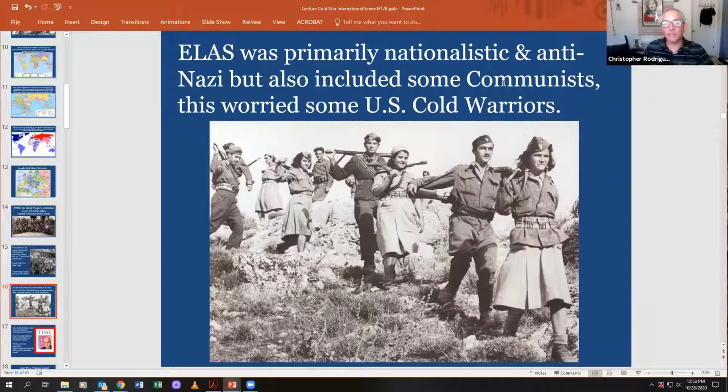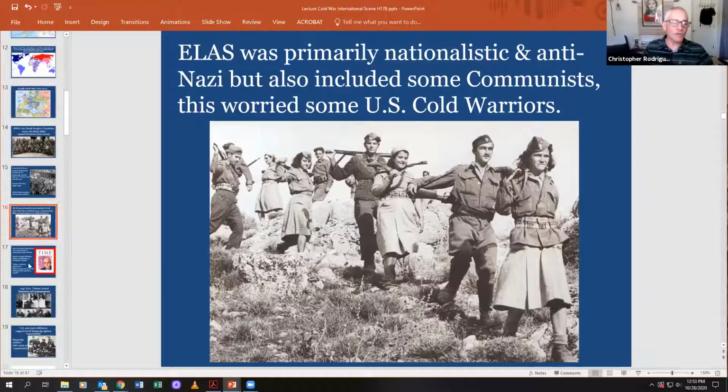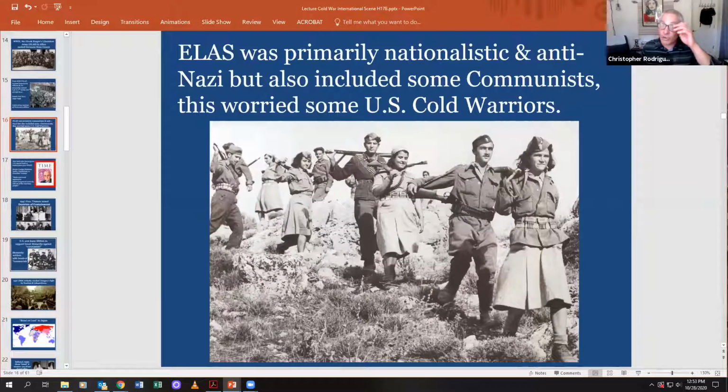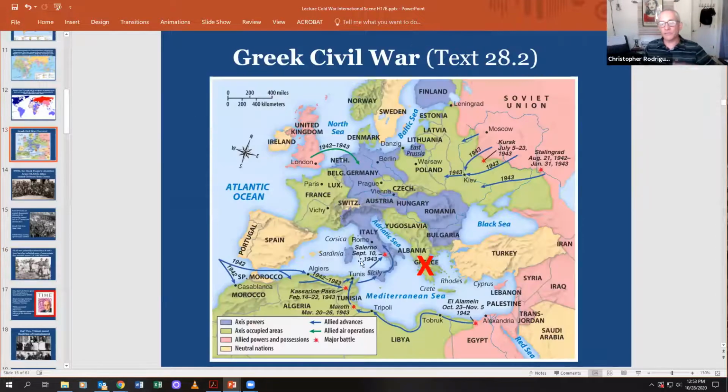There were some Republicans, but there were also some communists. So the US was worried that they would become pro-Soviet, or at least lean that way, or perhaps even be too independent and nationalistic.